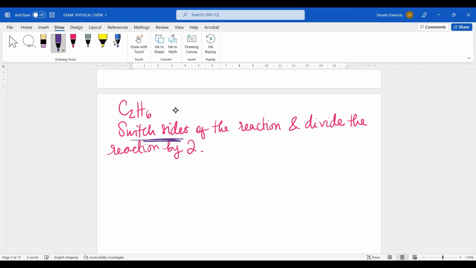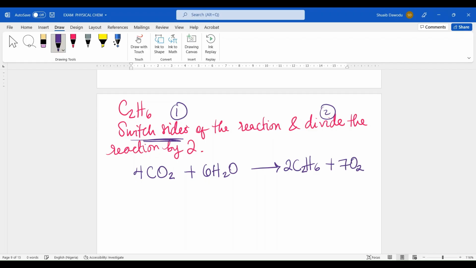That's the first part of the work, and the second part is to divide by 2. So when we switch, we end up with 4CO2 plus 6H2O will give you 2C2H6 plus 7O2. So you just switch both sides.